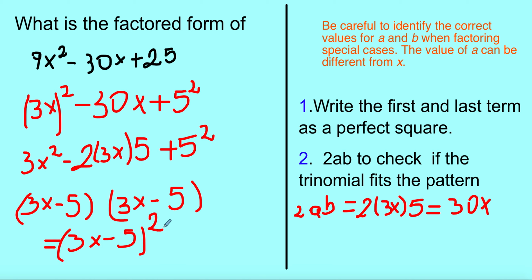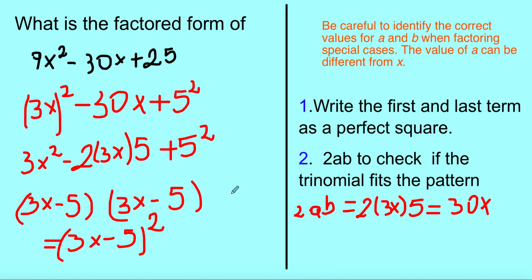Okay. Now, the factored form of a perfect square trinomial is a plus b squared when the trinomial fits the pattern we did in the previous slide, a squared plus 2ab plus b squared.